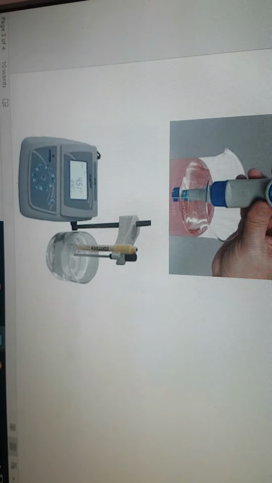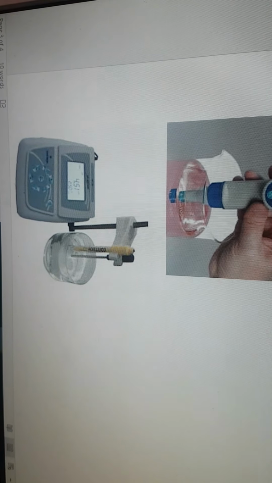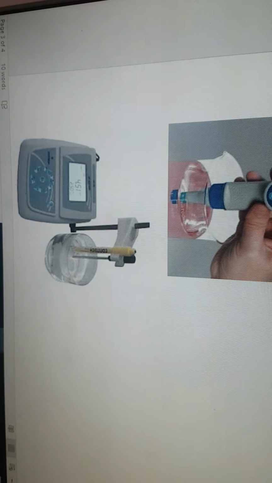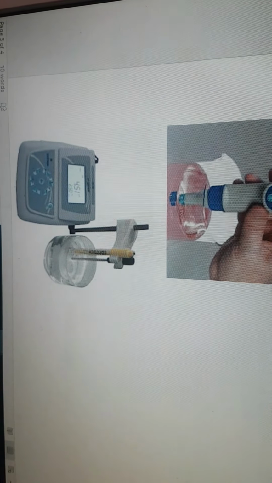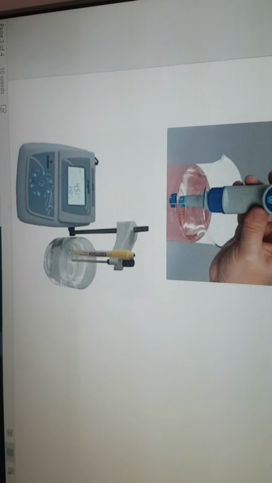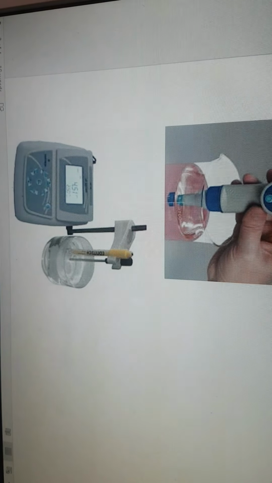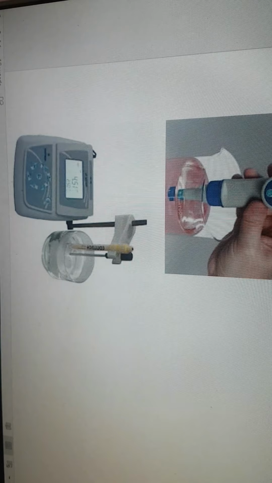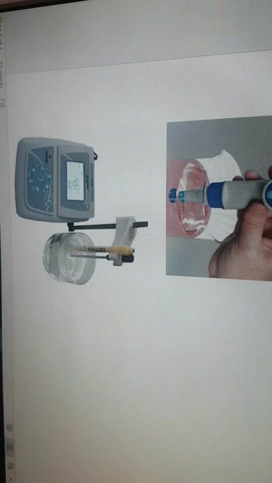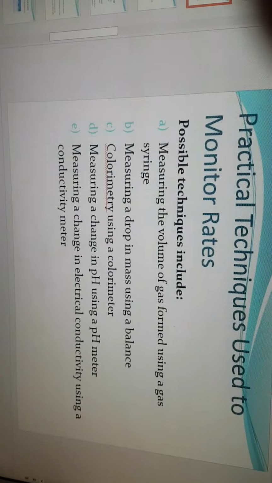Vice versa, if the products are actually ionic compounds in solution, and therefore they will be mobile ions, but the reactants do not contain any mobile ions, then there will be an increase in conductivity over the course of the reaction.